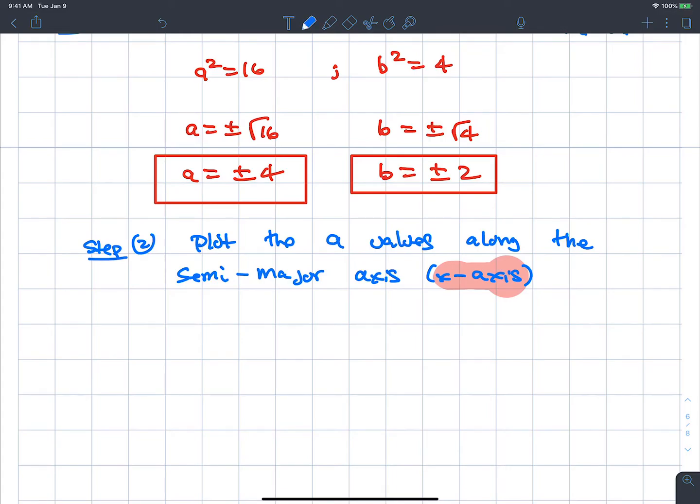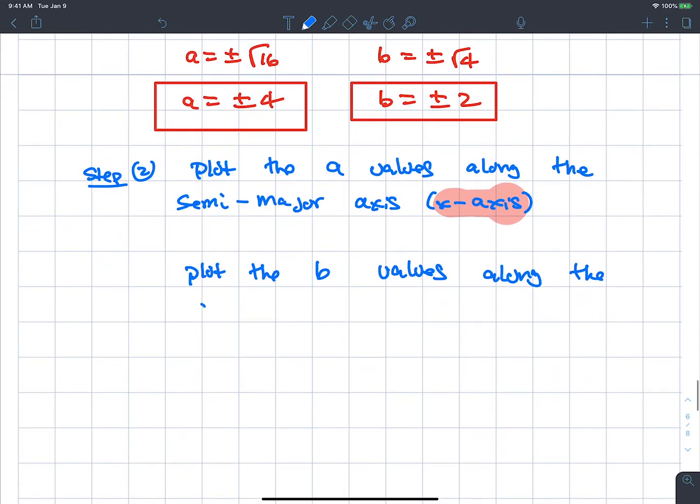And that's the a values. You're going to plot the b values along the semi-minor axis. You go, oh my God, Mr. Judge, what's that? Well, that's your y-axis here.